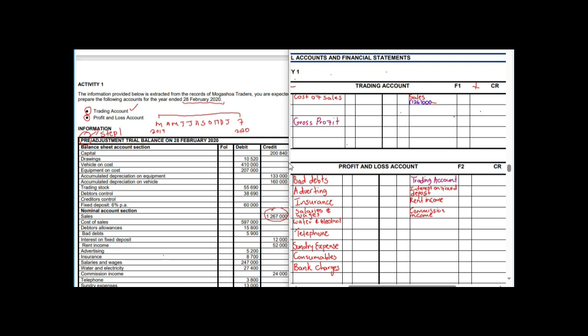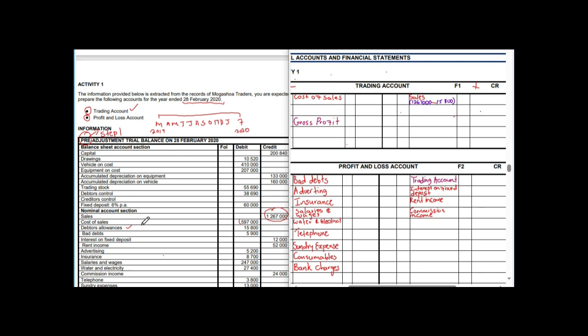Then subtract the debtors allowance of 15,800, and then we go for our cost of sales.